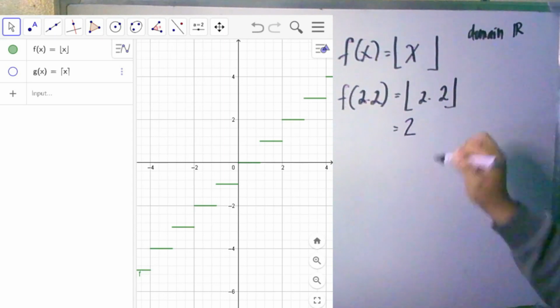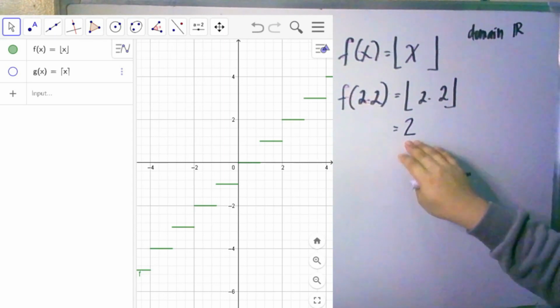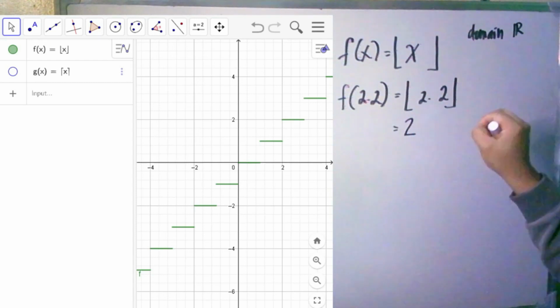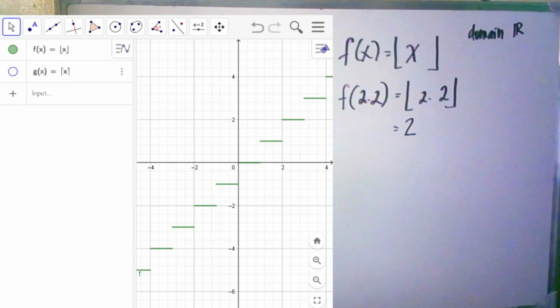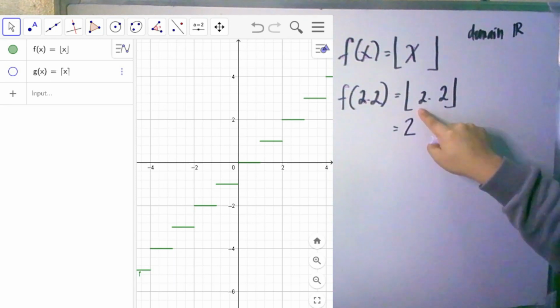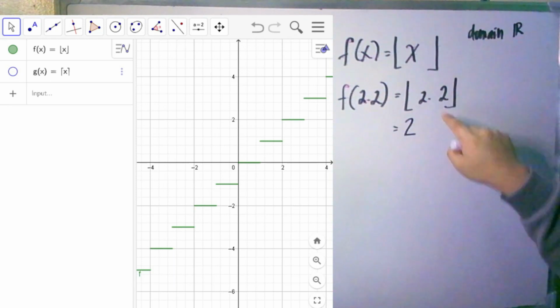Okay, why 2? Well, 2 is an integer, we know that, and it is less than 2.2. So we have met the condition of this function. This is just what we mean by the floor function. Basically, we just drop the decimal value and get that integer. So it has to be lower than our input.